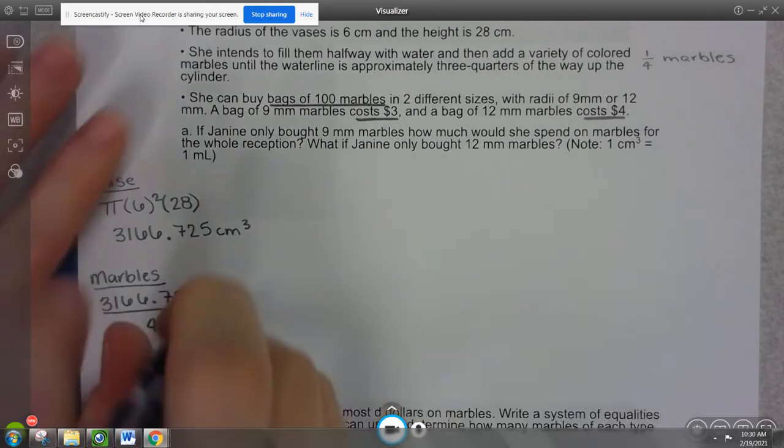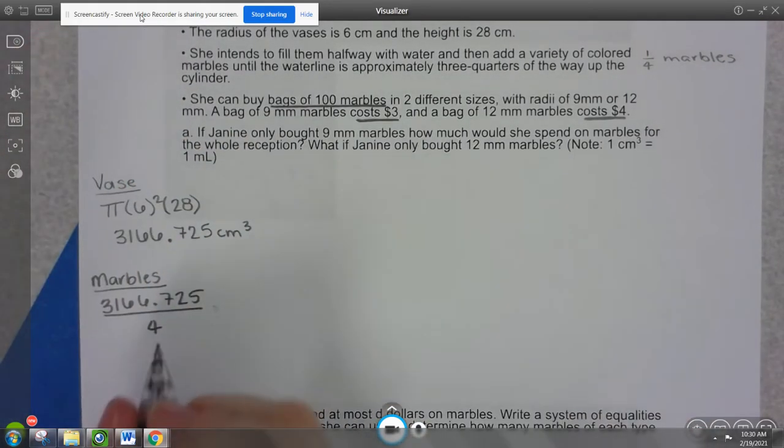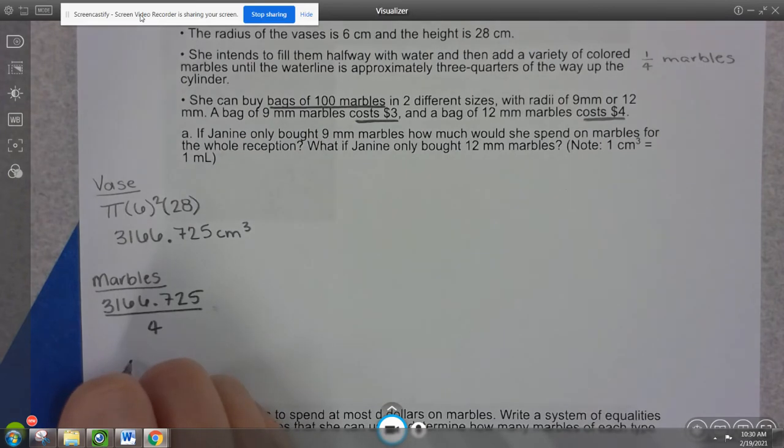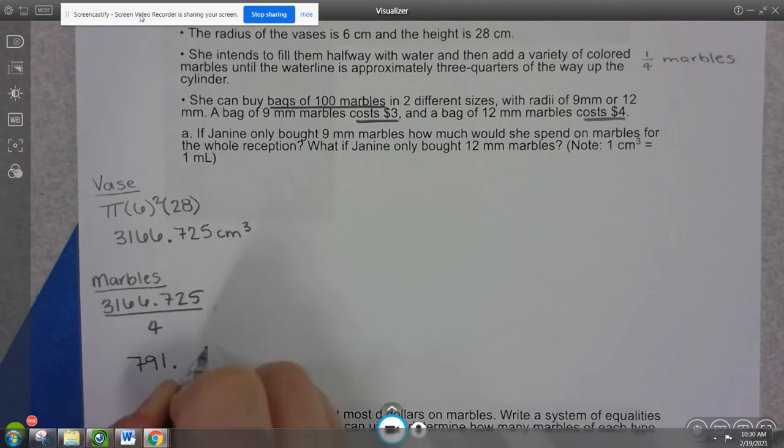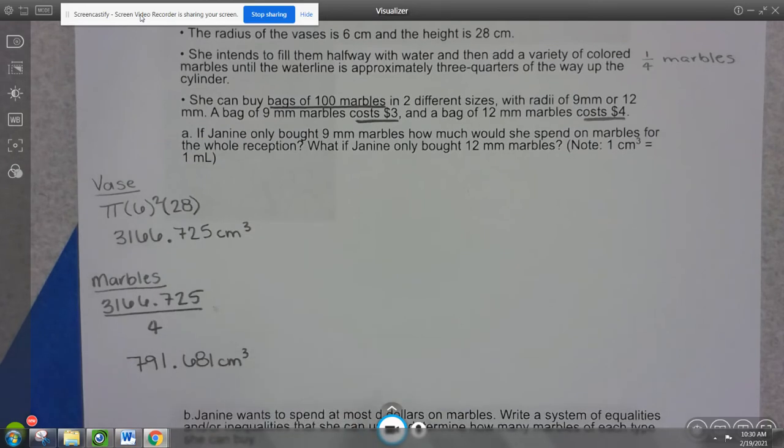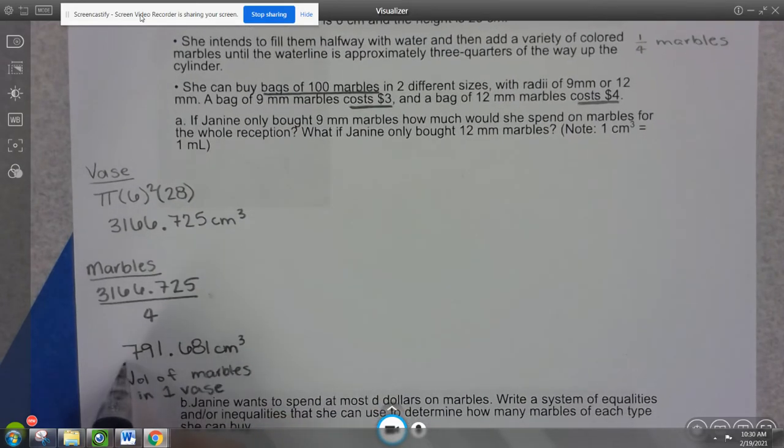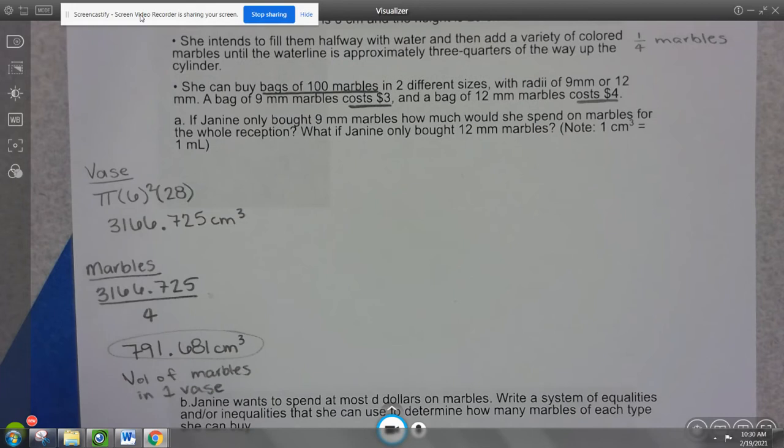So my marble volume for one vase is going to be 791.681 centimeters cubed. So this is the volume of the marbles in one vase. And we need to know that that's for one vase because that's going to be important later on.